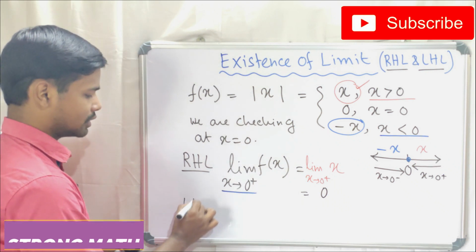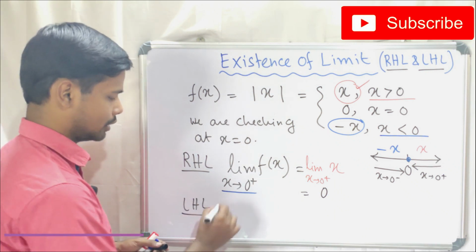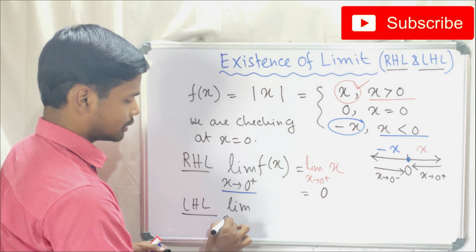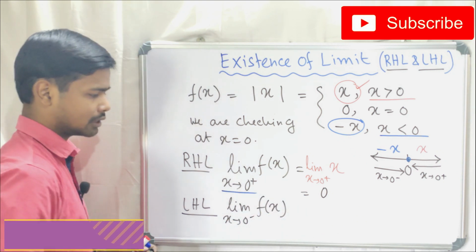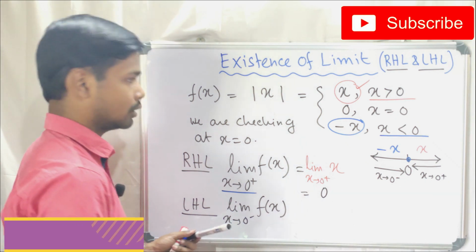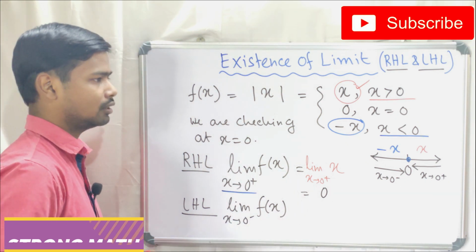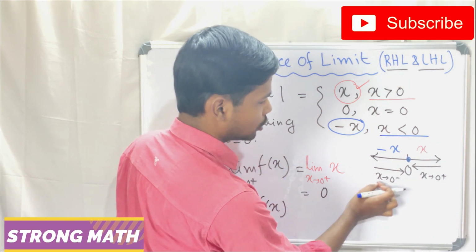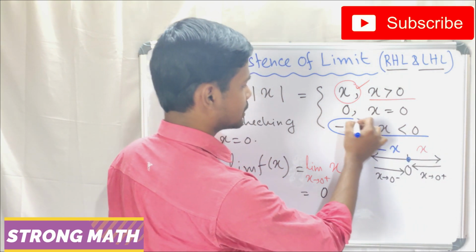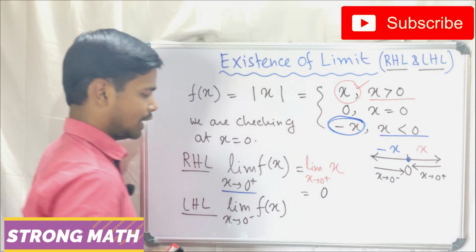Similarly, for the left hand side, that is left hand limit, x tends to 0 minus f of x. Look at the definition of the function. When x is less than 0, that is from the left hand side of 0 towards 0, the value of f of x is minus x.